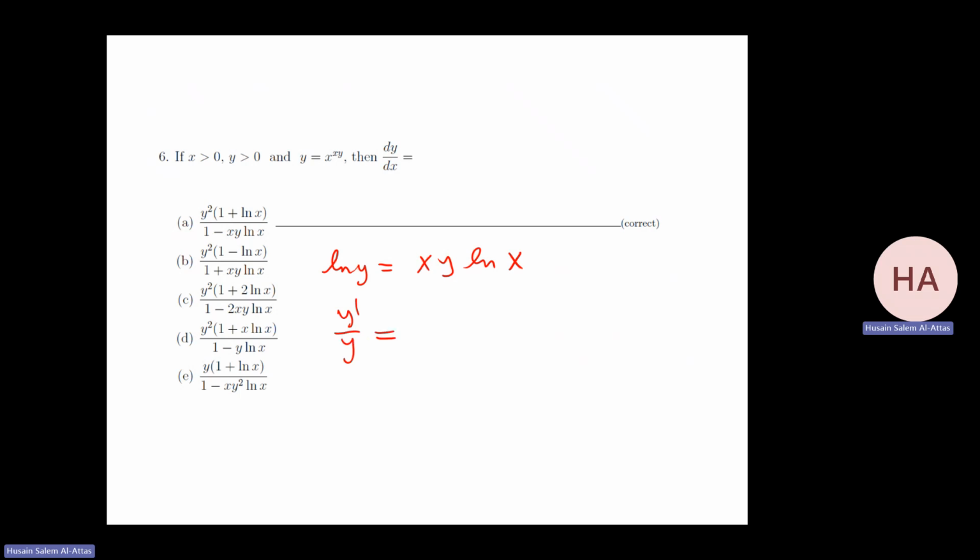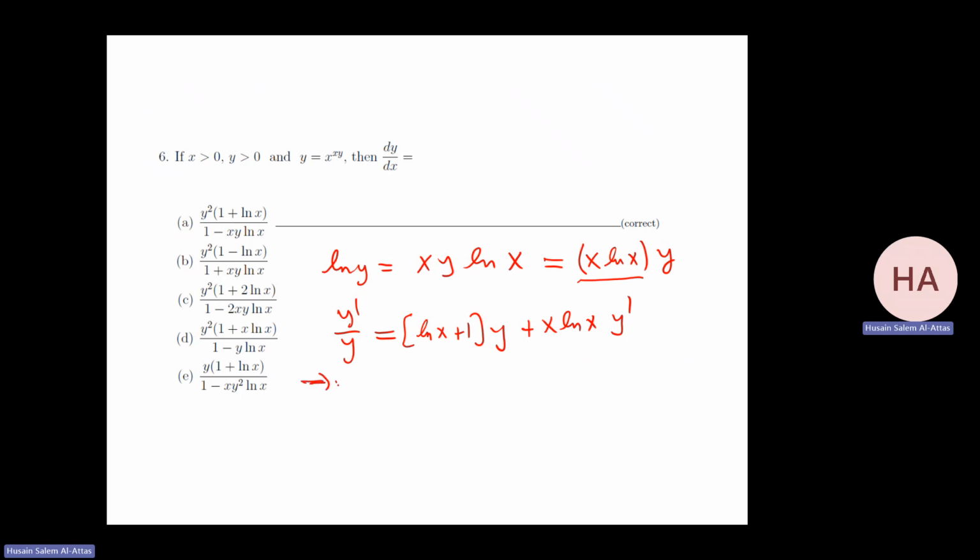Here I can write it x ln x times y. So it's a product of two functions now. So derivative of this, which is a little bit lengthy, ln x plus 1 times y plus x ln x, derivative of y, which is y prime. Now we need to solve for y prime. Okay, now it becomes a little bit complicated.